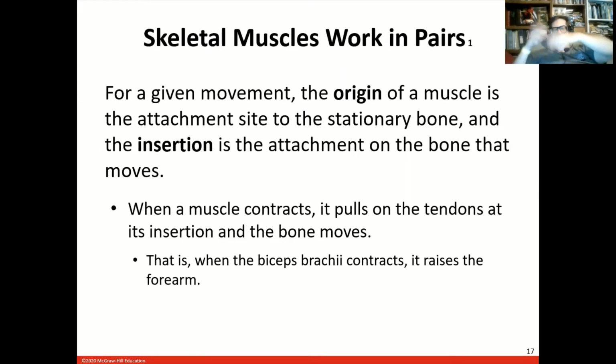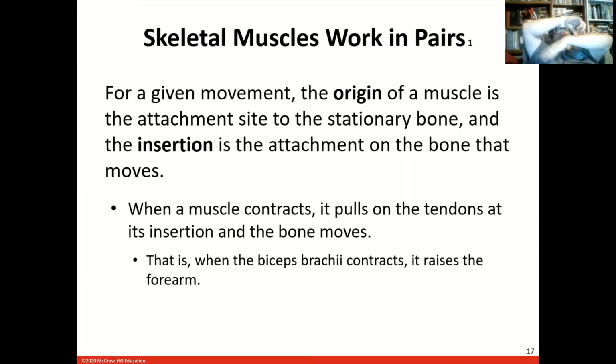Great. All right, so no big deal. That's not surprising. What I want you to know is that this end of that muscle that's attached, we call the origin, and this end we call the insertion. The origin is on the bone that's not moving, and the insertion is on the one that will be moving as the muscle gets shorter and thicker.